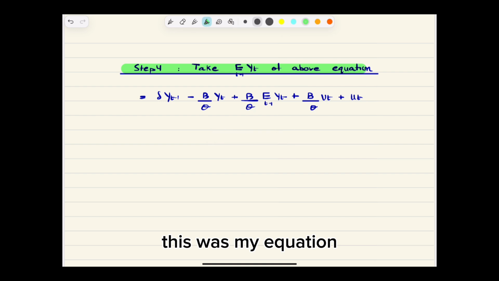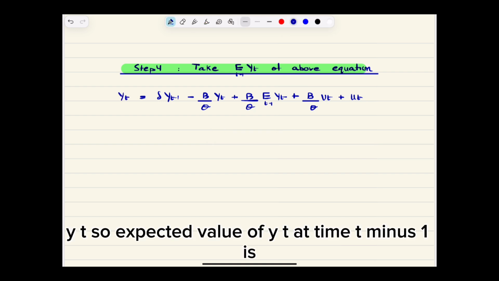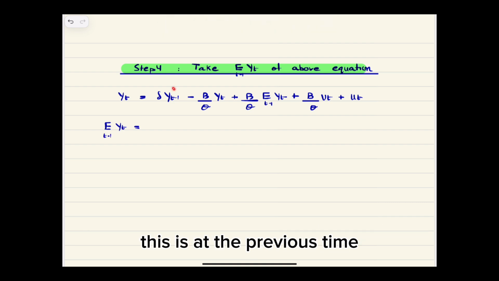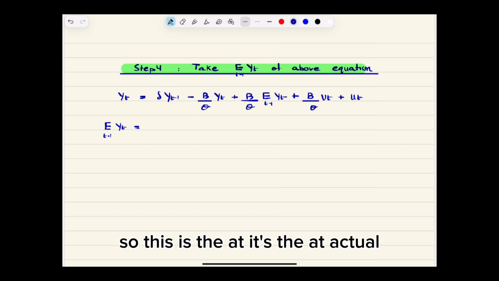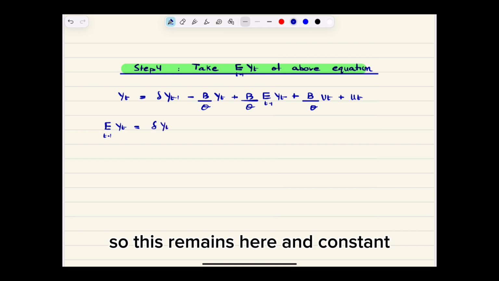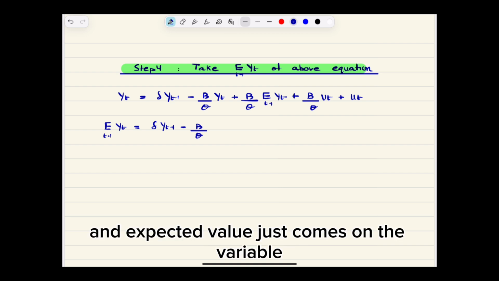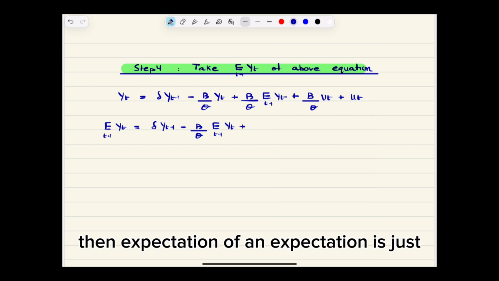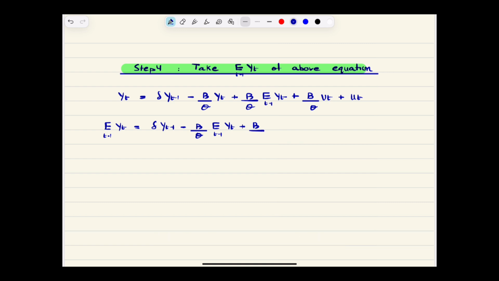This was my equation, y_t. So expected value of y_t at time t minus 1, this is at the previous time, so the expected is equal to the actual, so this remains here, and constants go outside, and expected value just comes on the variable. Then expectation of an expectation is just an expectation, so this remains the same.